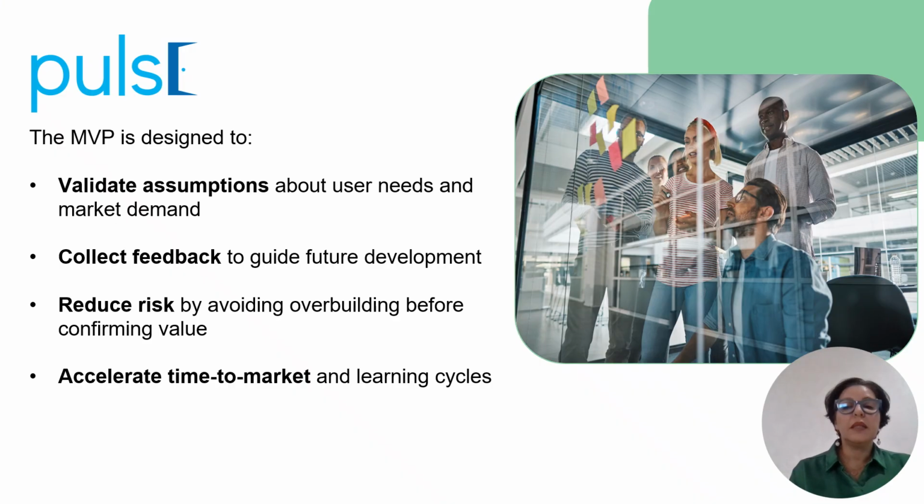Okay? The MVP is designed to validate assumptions about user needs and market demand, collect feedback by guiding future development, reduce risk by avoiding overbuilding before confirming value, and accelerate time to market with the learning cycles that we get through the feedback.